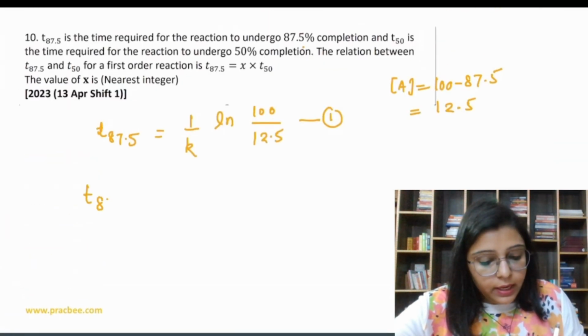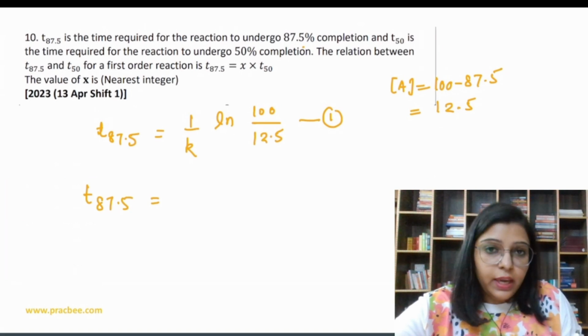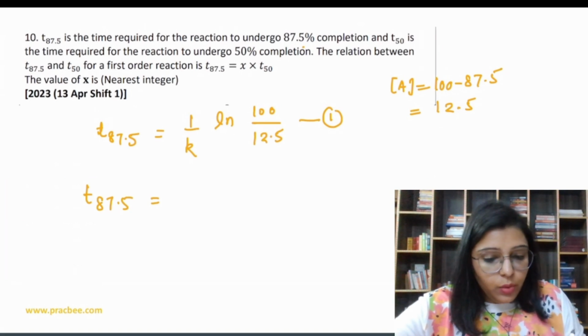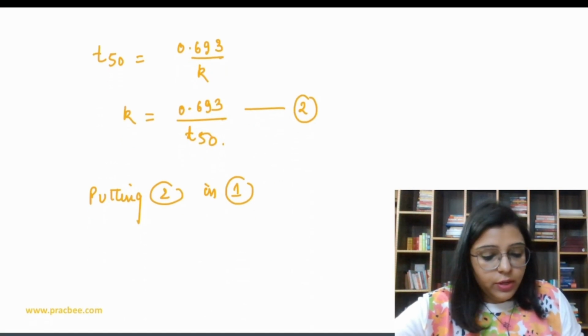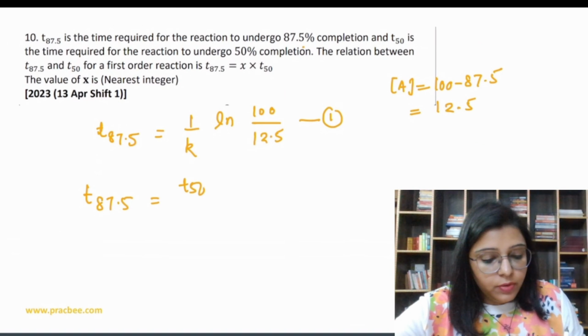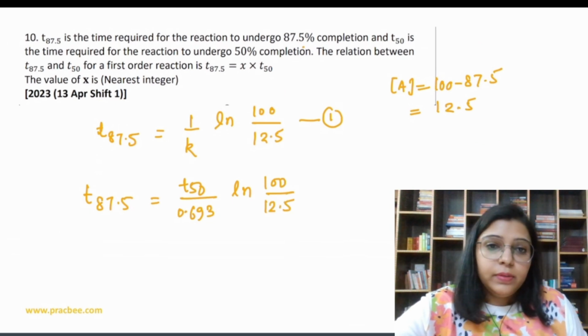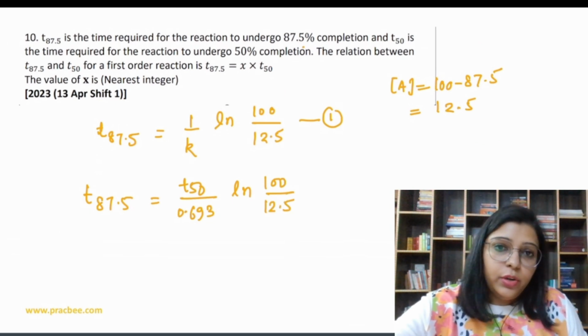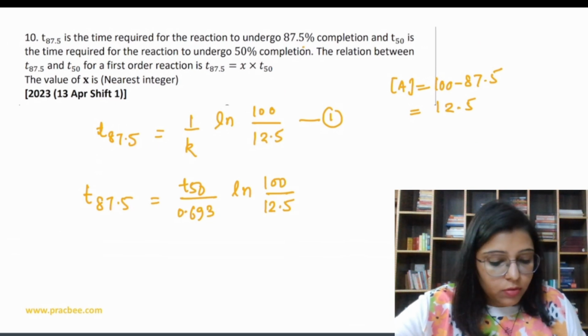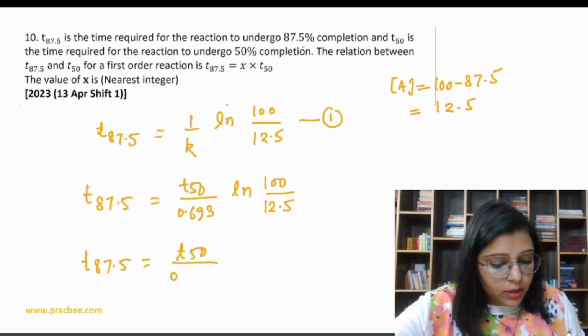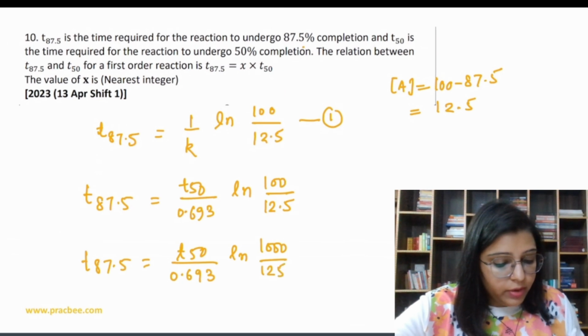T87.5 times K is equal to, what is the value of K? 0.693 upon T50. So this is T50 upon 0.693, and this is ln 100 upon 12.5. So when we solve this, we get T87.5 equals T50 upon 0.693, ln 1000 upon 125, right?